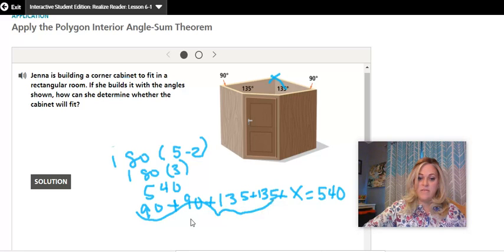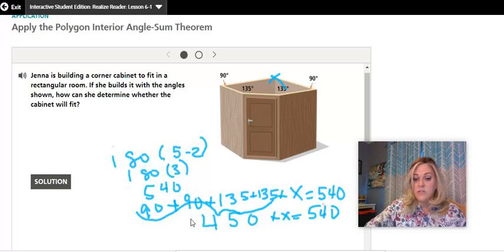When you add this up together, it actually equals 450 plus x equals 540. We're getting closer to finding x, and I need to solve for x. So I'm going to go down here, subtract 450 from both sides, and I'm going to let you do the rest of the math.